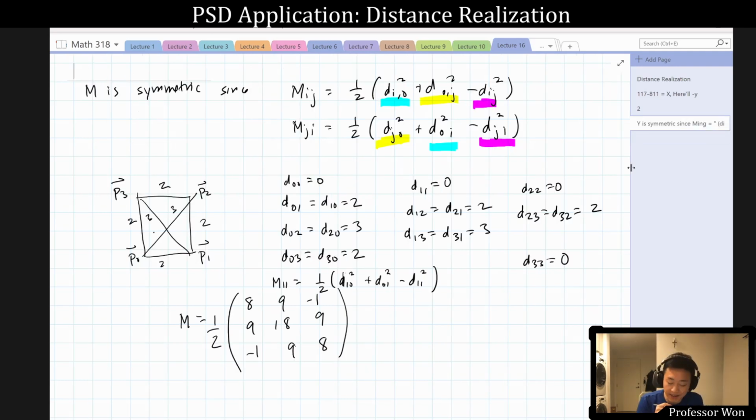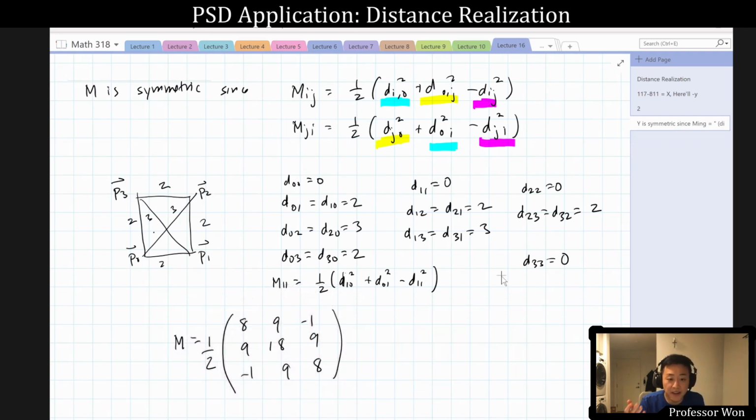Okay, so I'm back. I did 2 things. One thing is I moved this stuff to the previous slide because I have enough room for it. The second thing I did was I computed this matrix, and the thing in the notes is only off by a factor of 1/2. So the thing in the notes is almost correct, just missing a half, which isn't going to change whether or not M is positive semi-definite, because multiplying by a positive scalar doesn't change the sign of your eigenvalues.